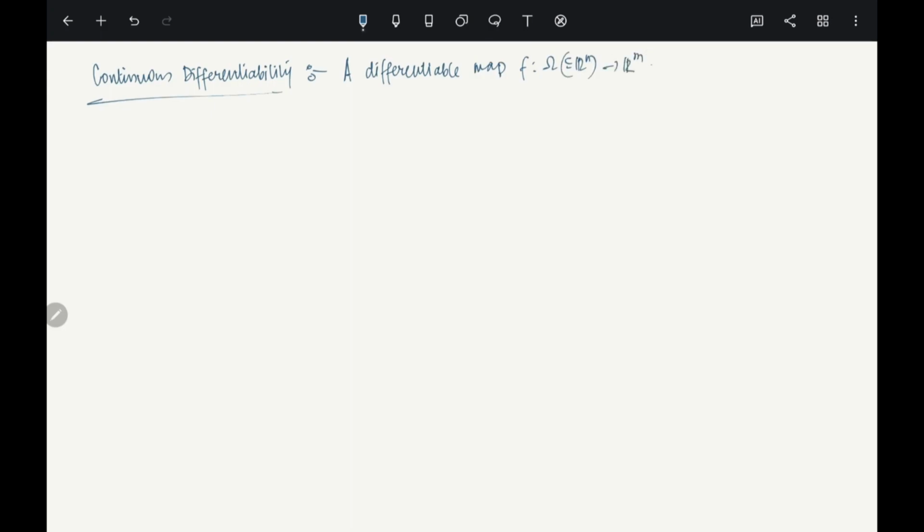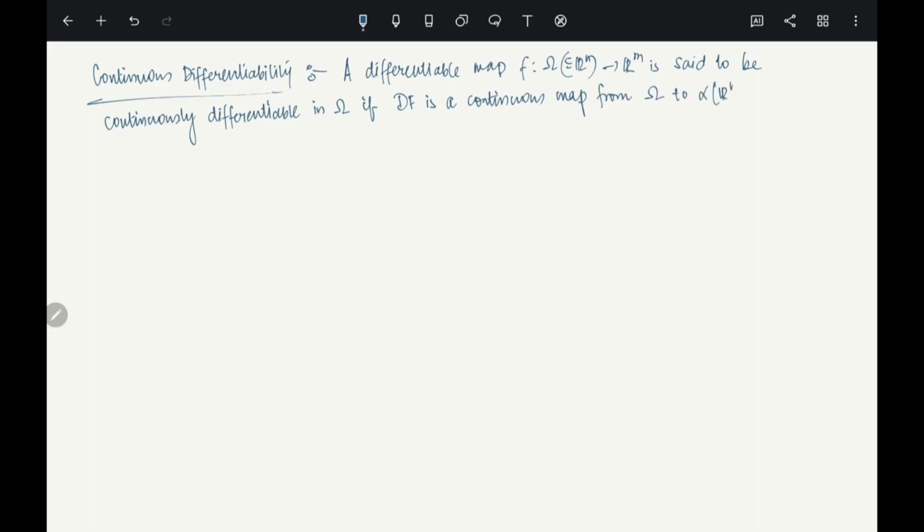This is said to be continuously differentiable in omega if the map df is a continuous map from omega to L(Rn, R).